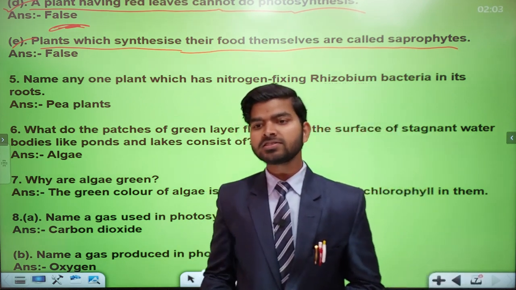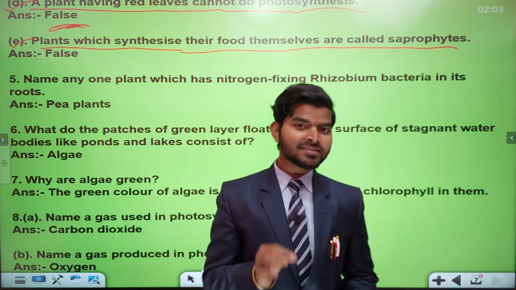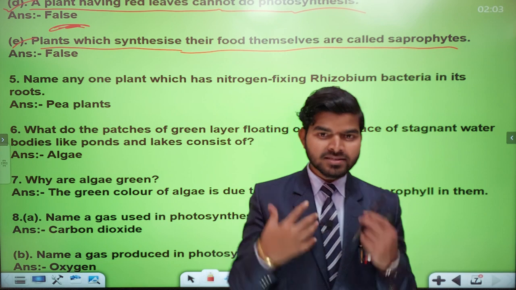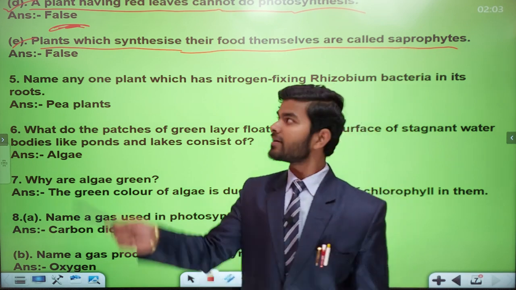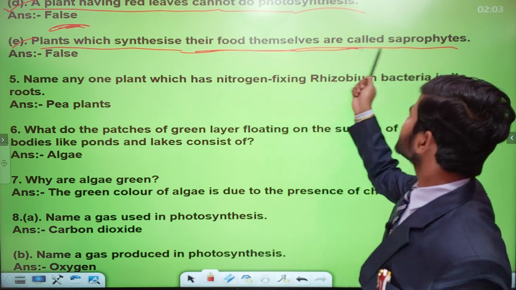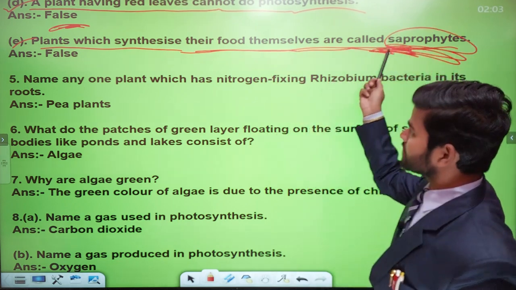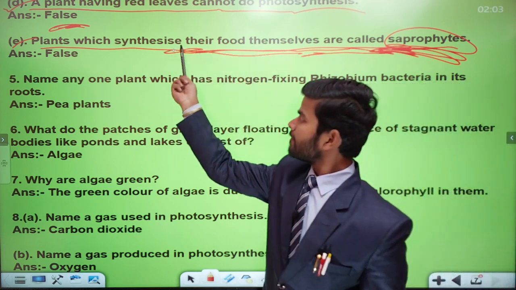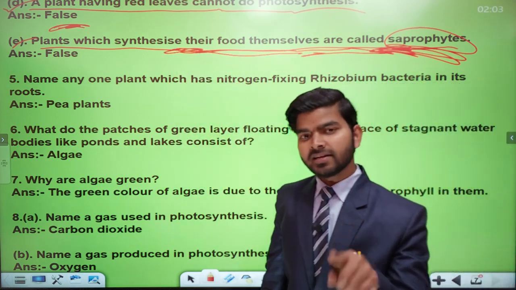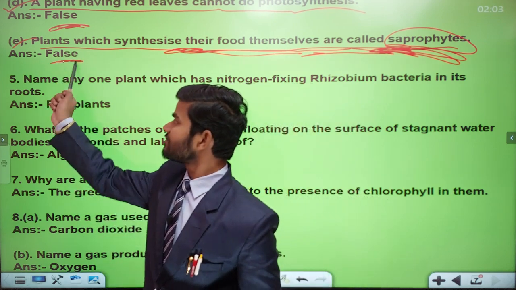Those non-green plants which obtain their food from dead and decaying organic matter are called saprophytes. But here it says plants which synthesize their food themselves are called saprophytes, that is, saprophytes are autotrophs. Is it possible? No. They obtain their food from dead and decaying organic matter, as I have already told you. So this is a false statement.